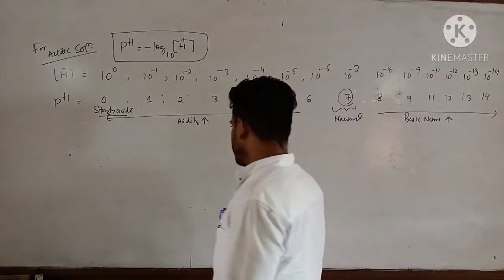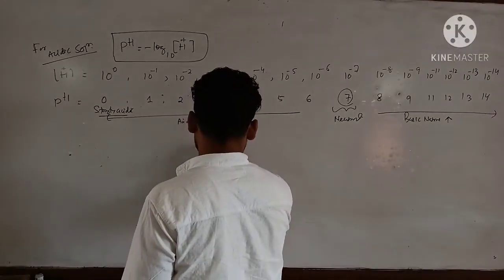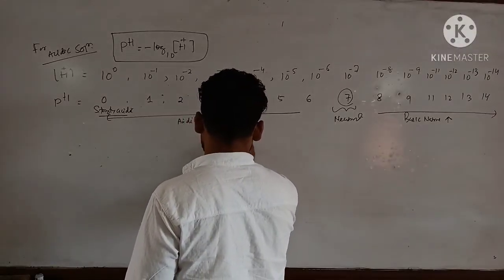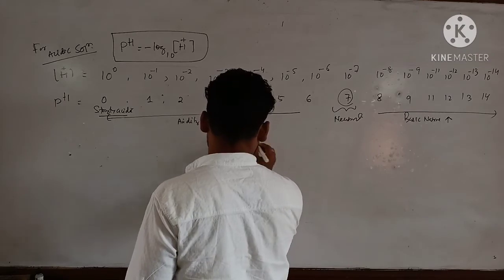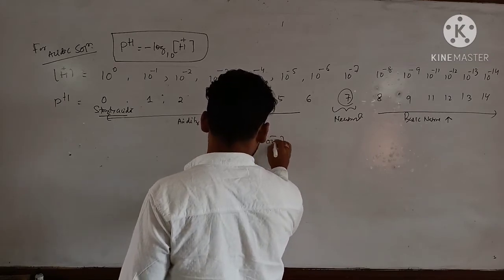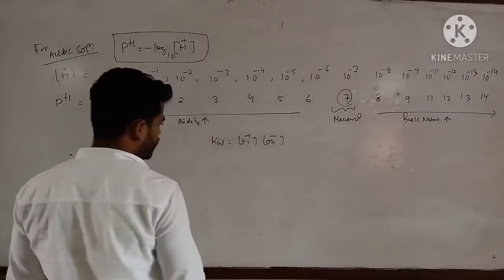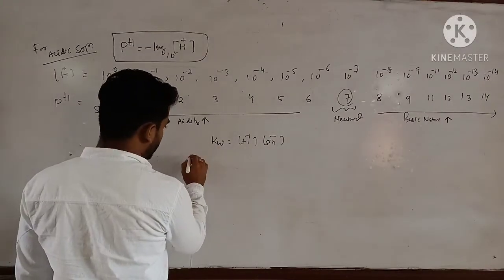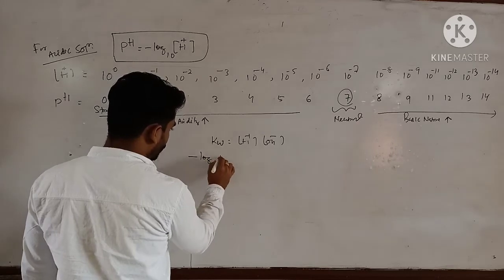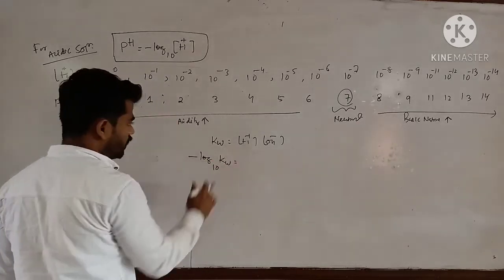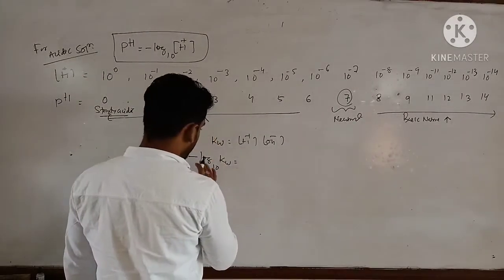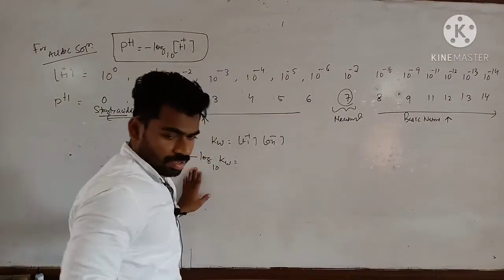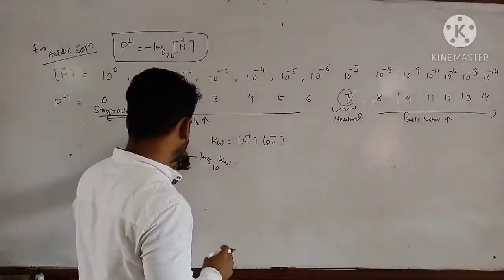Now you see, if I write Kw, that is the product of H plus and OH minus. Is that clear? Now if I consider the negative logarithm of Kw, can I write over here? Just simply take log on both sides.